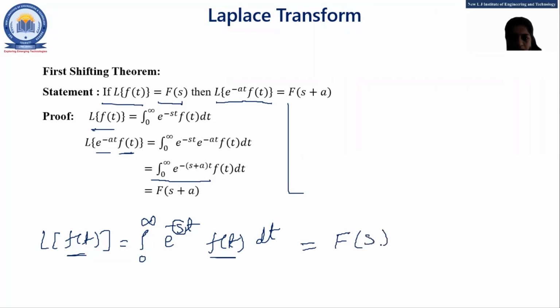Listen carefully, students. This is the definition of Laplace of function of t, and this is equal to F of s. Why? Here the multiple of minus t is s. So with the help of this, we may write the integration 0 to infinity e raised to minus s plus a into t f of t dt is equal to F of s plus a. Got it everyone? Any doubt for the proof of this theorem?